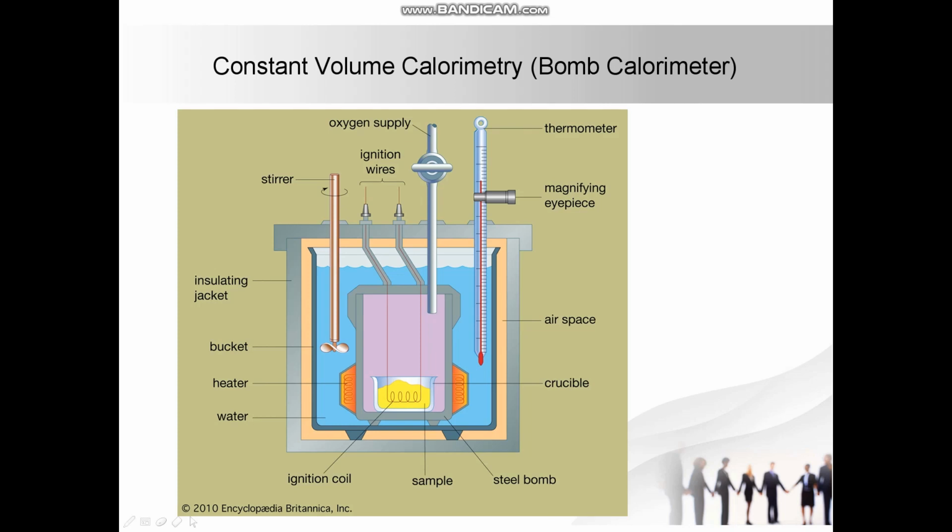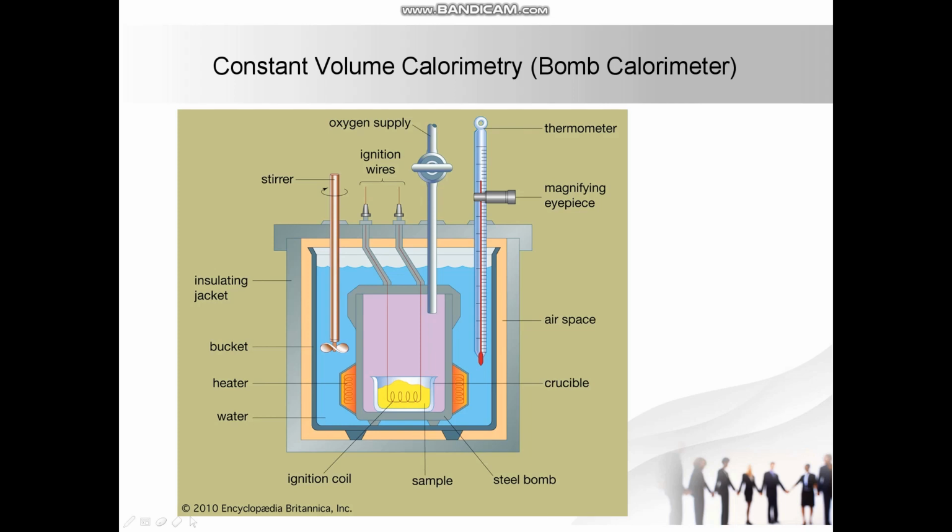So in this case, once this material is ignited, it will burn and give its energy out to the water. This water, which will be heated to a certain temperature, will then give a delta T, and we will use the similar equation that we used in the case of the styrofoam calorimeter to calculate the calorific value of this particular material.